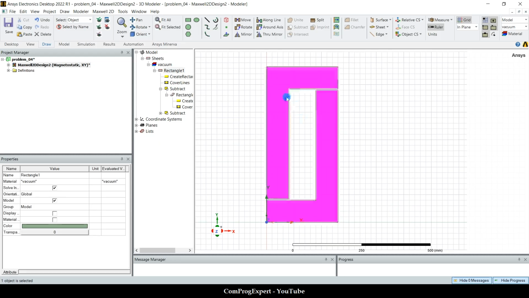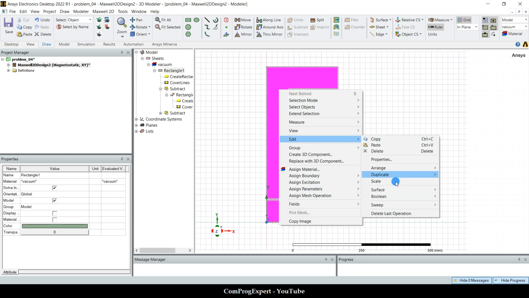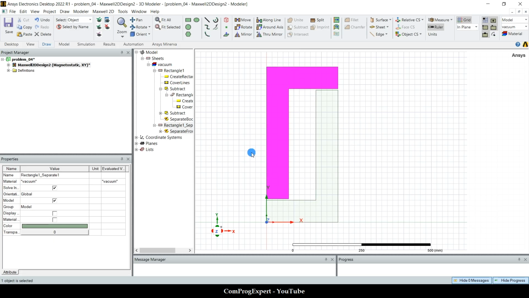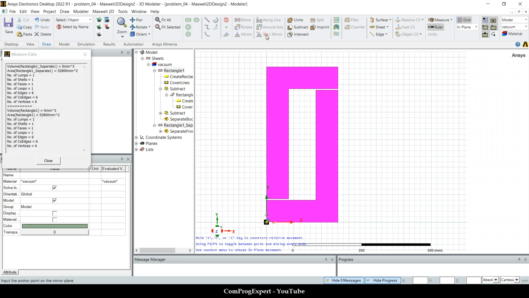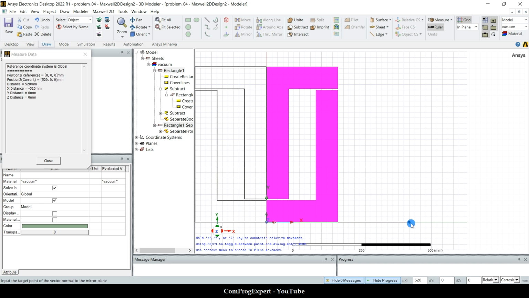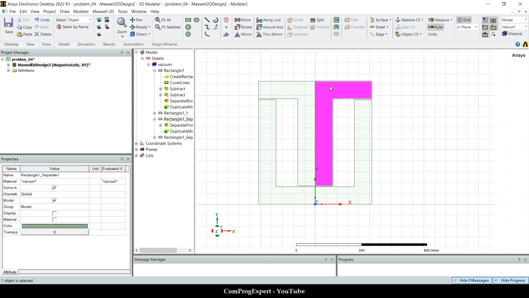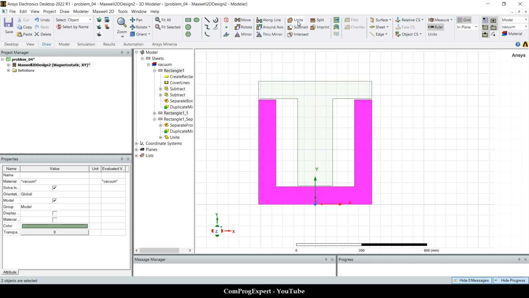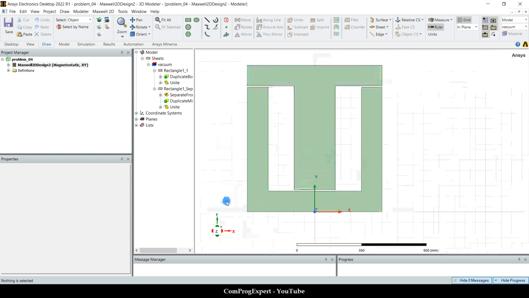So select this object, and from here, edit, Boolean, separate bodies. We have two objects. We can select both, duplicate, mirror, select the origin and a point on the x-axis. Then unite these two. We created the structure of the problem.